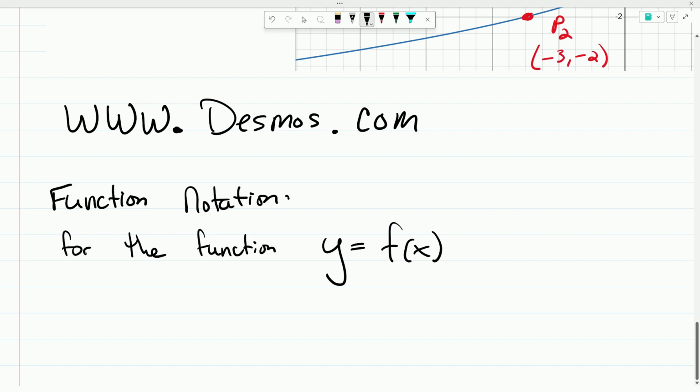What we say is this is read as f of x or f at x. Okay. And this is going to be what we call all of the range values that we can take on. And it's so much easier if I just show you a small little example here.